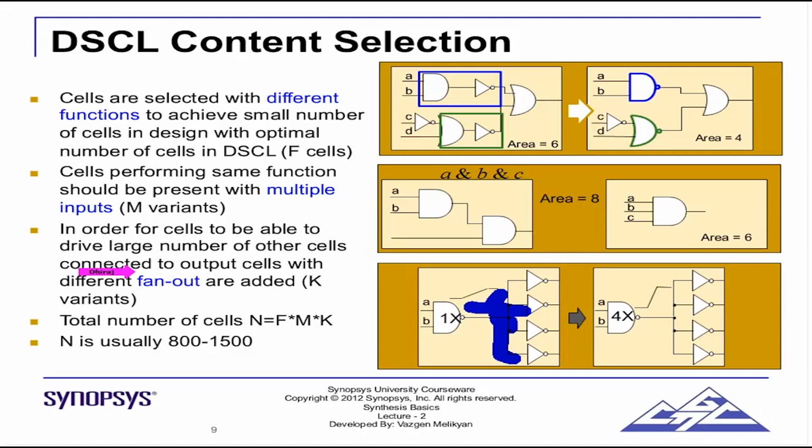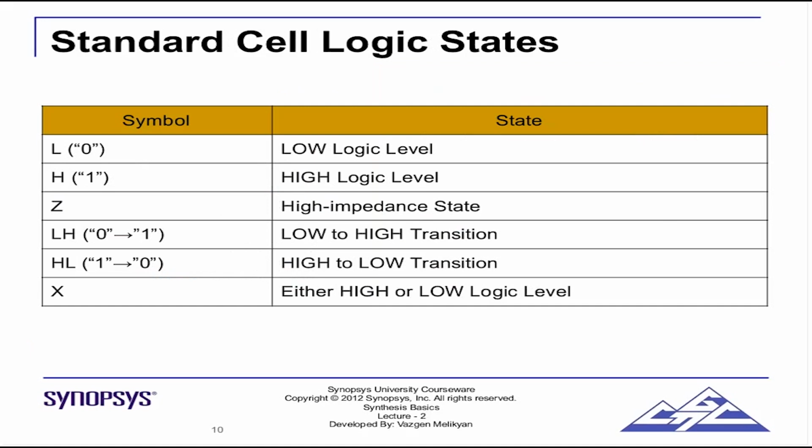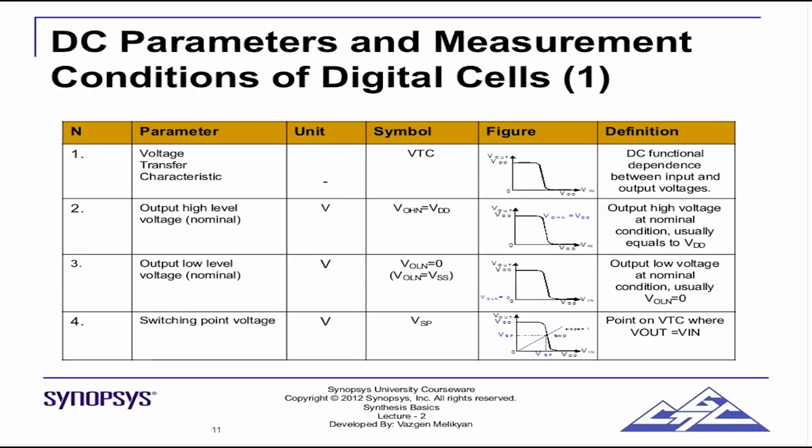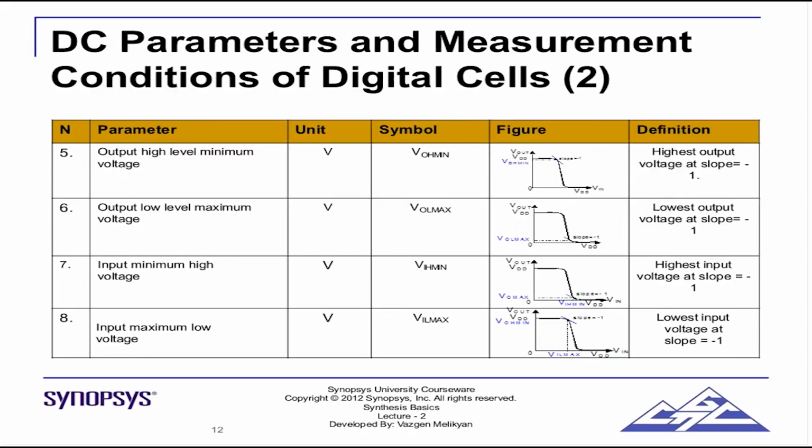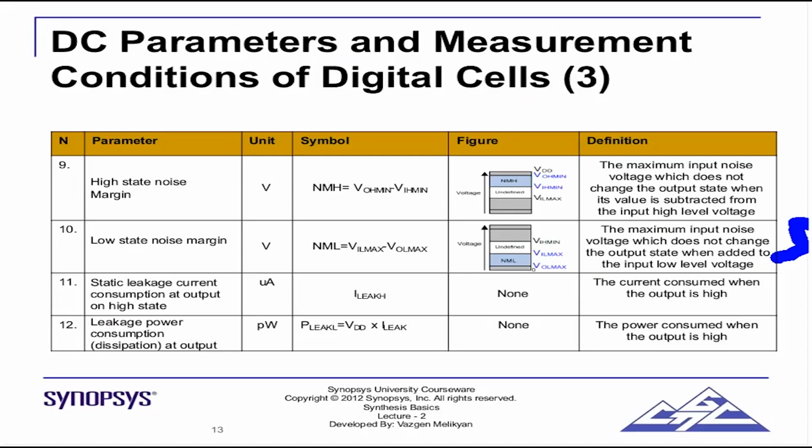For example, we took an example of an AND 2 gate. There will be an AND 2 X1 HVT, AND 2 X1 SVT, AND 2 X1 LVT. I'm not sure if the library you are using has multi-VT cells. These are called multi-VT cells, and they can be used in synthesis. You could choose to do so.